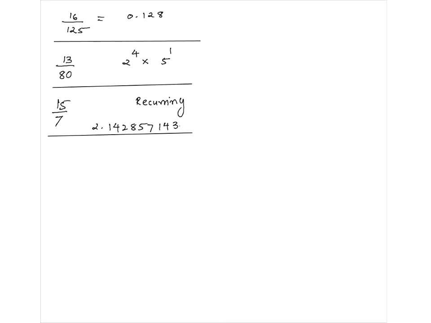I think that last digit should be 2. 142. Then again 857. So it repeats after a while, and that means it is like this.